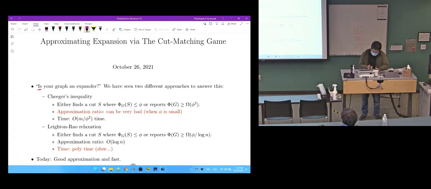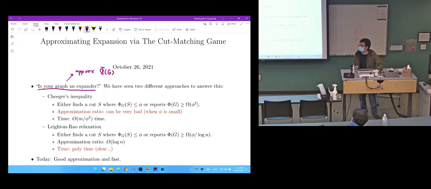If you have a question of whether your graph is an expander, that is, you want to approximate the conductance, then we have seen two very different ways to answer this. One is based on eigenvalue, which is to use the Cheeger inequality.